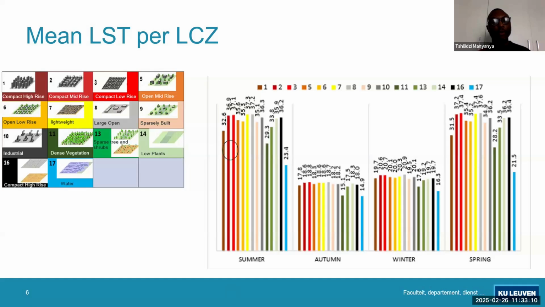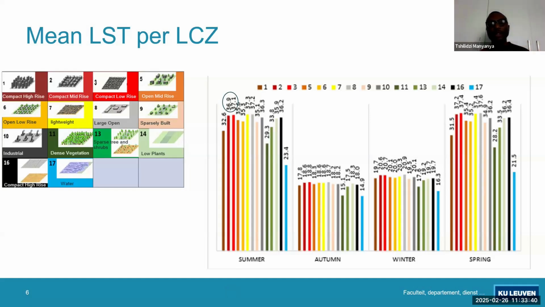If you look here, where we zoom in on local climate zones 2 and 3, the mean of 2 is about 36.9, and the mean of 3 is about 37.1. So the difference is somewhere between 0.1 and 0.2. But the challenge is that a difference of 0.2 does not have practical applications.